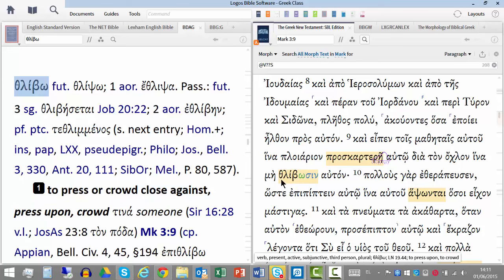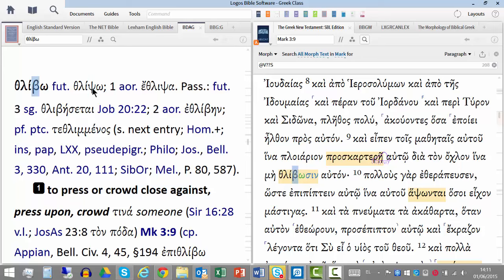We are looking at a present active subjunctive third person plural. Very easy to recognize. What would this look like if it were aorist? Well, we would have a sigma. Remember that if you have beta and you add a sigma to it, it's going to become psi. The square of stops would tell you that. You'll see that here in some of these forms. So here's the future form, thlipsō. What's happened?